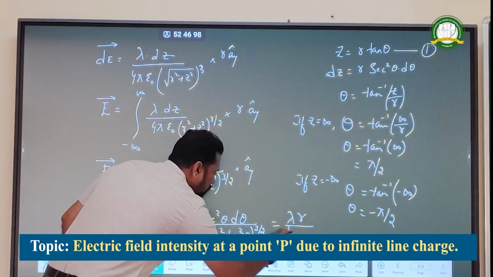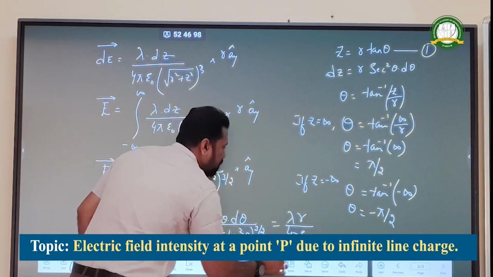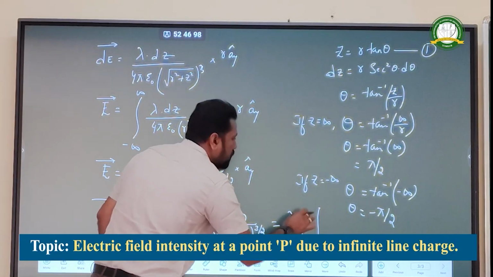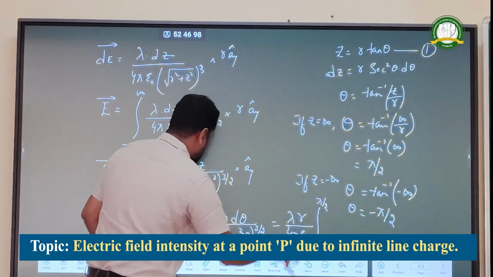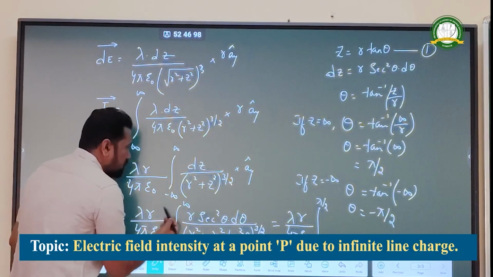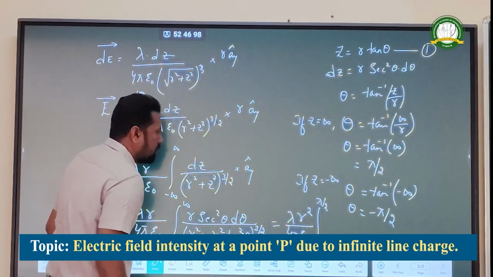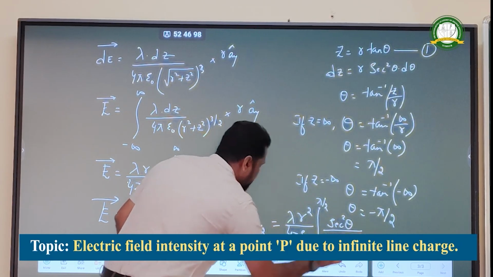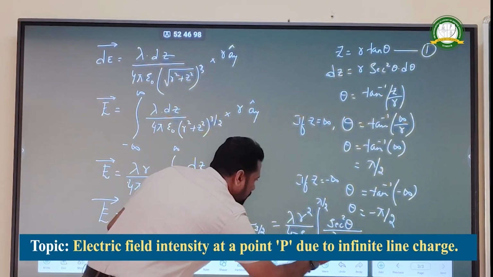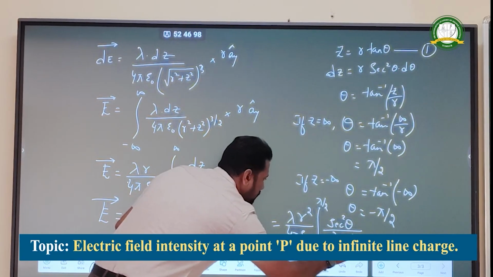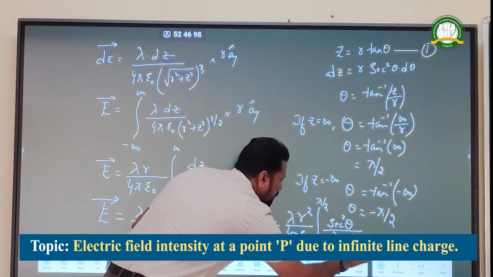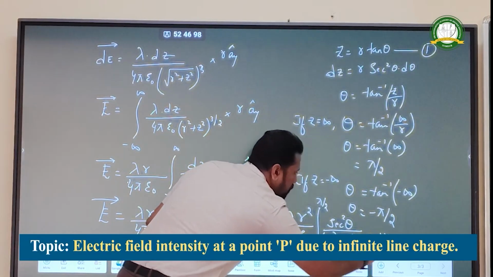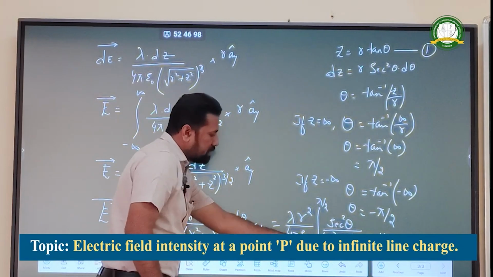So in order to find out the total electric field, we can write this equation as lambda r divided by 4 pi epsilon naught, integration from minus pi by 2 to pi by 2. You take this r outside, so it is r square secant square theta divided by r square plus r square tan square theta whole to the power of 3 by 2. Again, we will take this r common.